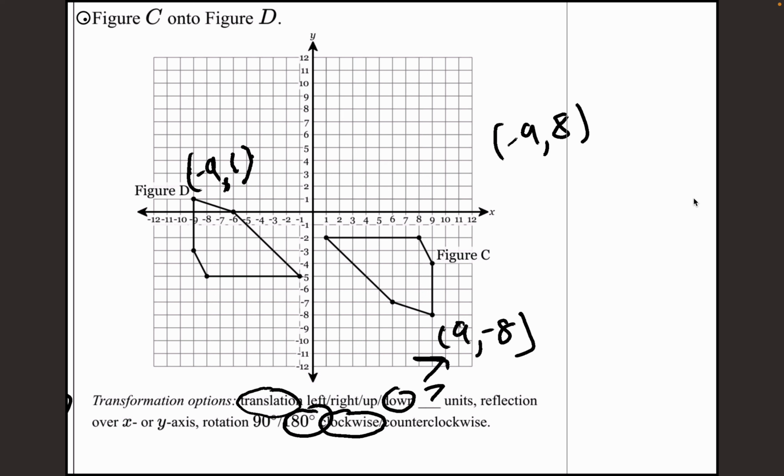Did someone do a different one? Yeah. That's what we did. We had 9, -8, and then it became -9, 8. Who is raising their hand over here? Oh, I just went up 7. Then it's like 180.